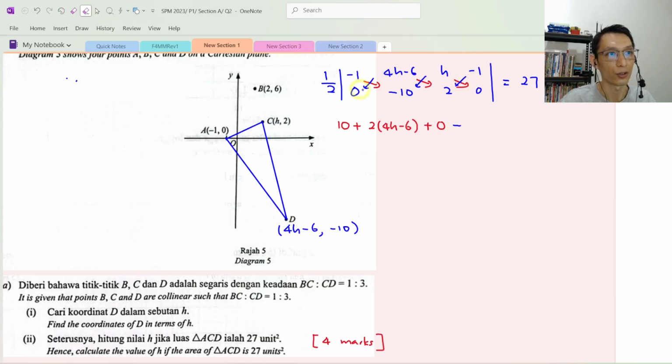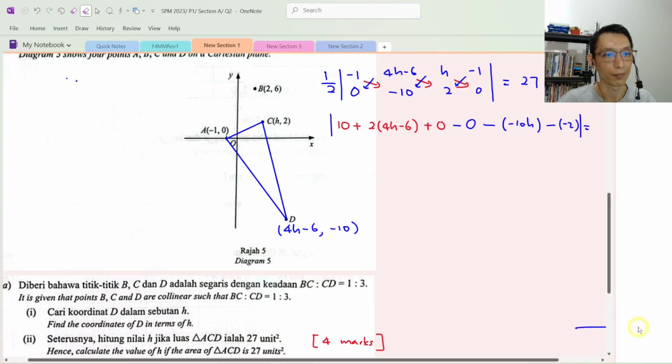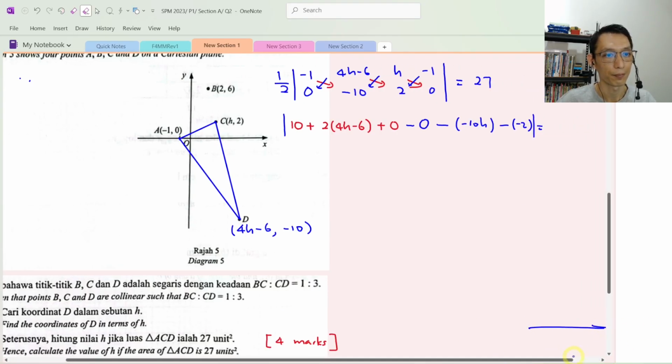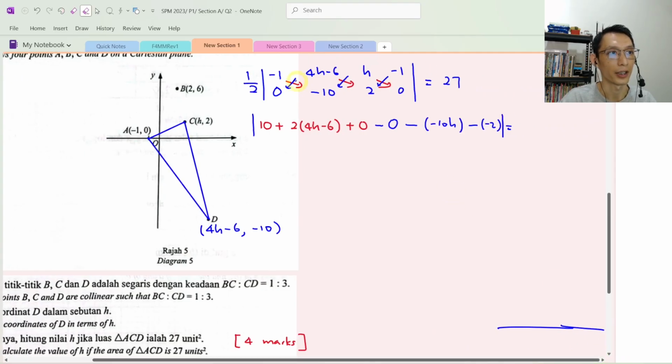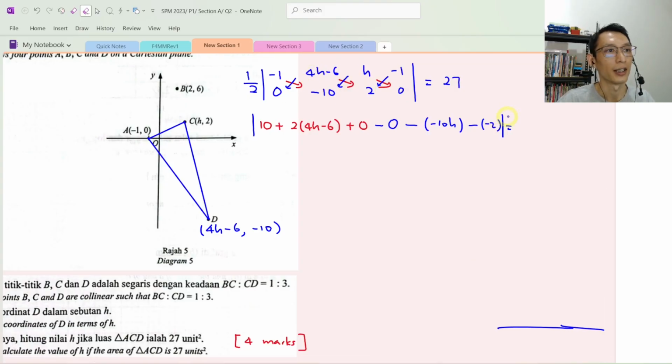Minus 0 minus -10h. Be careful, even though it's negative it will become positive, and then minus -2, it becomes +2. And don't forget the modulus sign. Here all plus together, and here all minus. Now it's equal to 27 times 2, you will get 54.